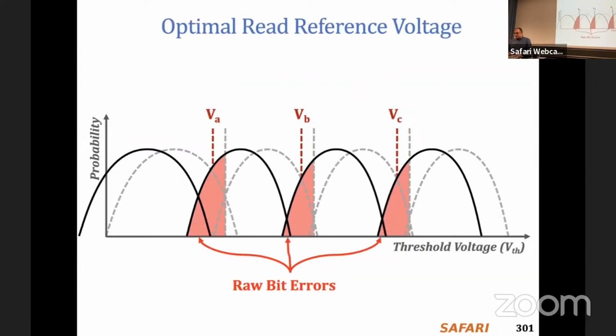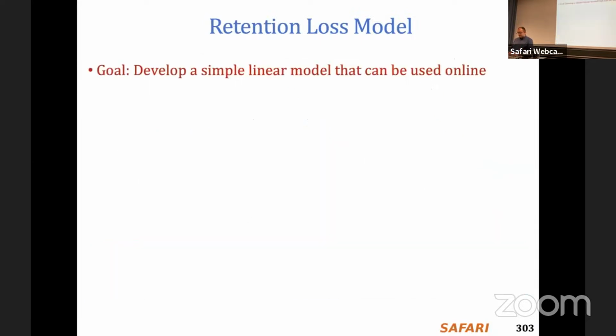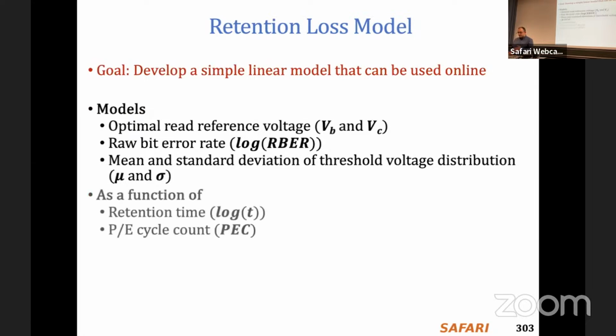We get very simple models. Early retention loss can be modeled as a simple linear function of the logarithm of retention time, but take it with a grain of salt, because by going to the future and also using more dense 3D NAND flash memory, things can change. But with the 3D NAND flash memory that we have tested, basically we get to these models.